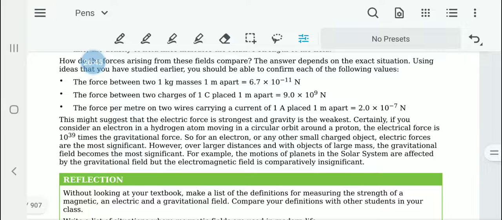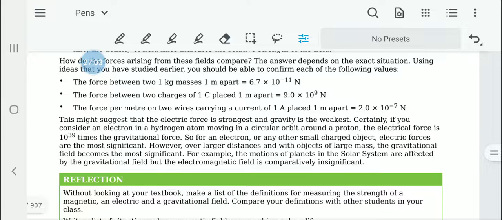So what we need to understand is electrical forces are the most significant, and you can see it is 9 into 10 to the power 9 newtons, for 2 charges.